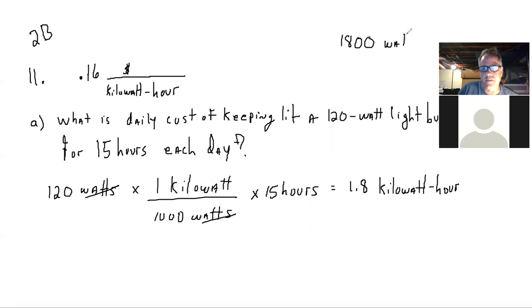The unit would be watt hour, but electric companies use kilowatt hours. Again, it's a metric thing. Instead of grams or liters, we're using watts, but these prefixes work the same. Kilo is 1,000, and notice if I move my decimal place 3 places, that puts me at 1.8.